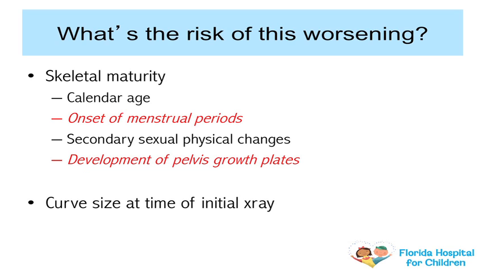You could also look at evidence of secondary sexual changes, such as muscle development, breast development, armpit hair, facial hair, etc. Those are relatively good, but then again, some children are different than others, and some simply just don't have a lot of facial hair. The third would be the Risser sign and the development of those growth plates we talked about earlier on the x-ray. Of the 4 things that we talked about, perhaps menstrual periods and the x-ray probably are the most important.